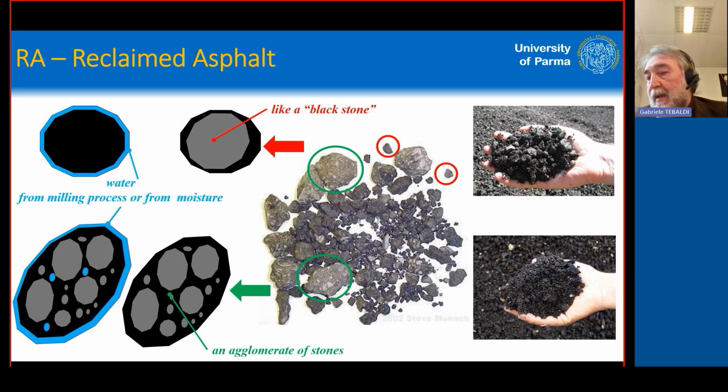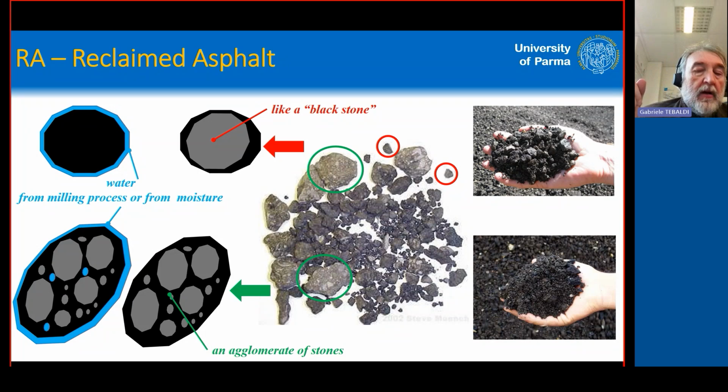There is an example that I like to give to my students in my class. I always say, guys, even in the same road, if you have a part in a very flat area under sunshine, and another part in a tunnel, we may have two completely different kinds of reclaimed asphalt, even though we made the pavement together. Because in one case, we have all the weather conditions that we can imagine.